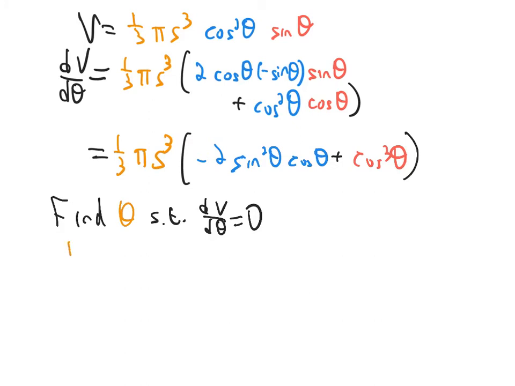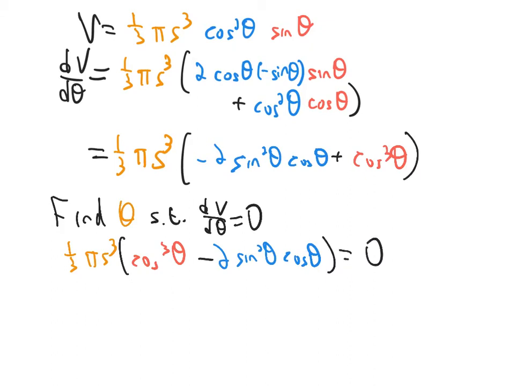So we say 1/3 pi S cubed times cosine cubed theta minus 2 sine squared theta cosine theta equals 0. I just flipped the order because it's usual to not have a minus something plus something else. It has absolutely no significance.